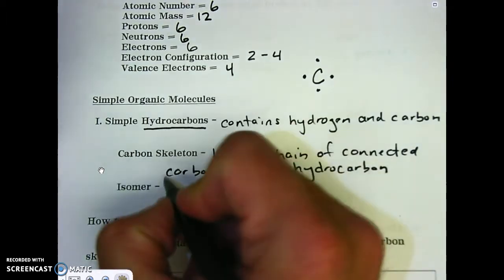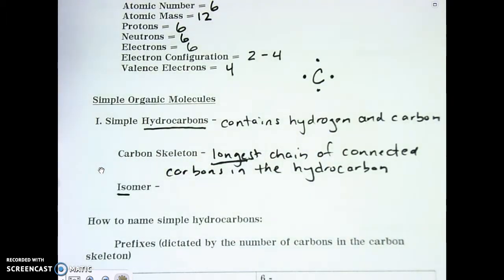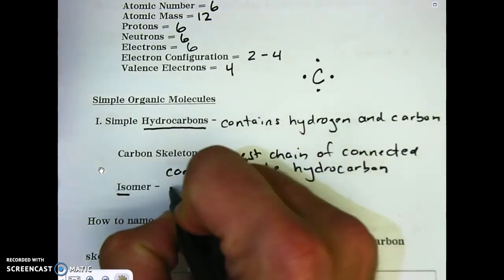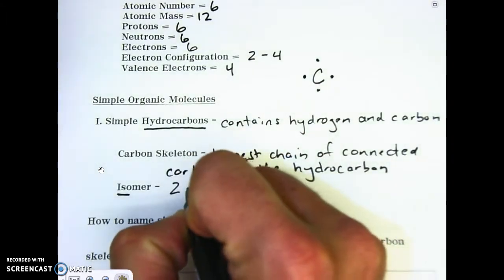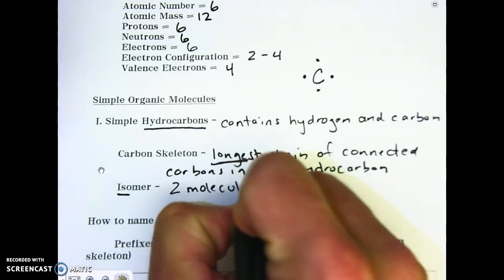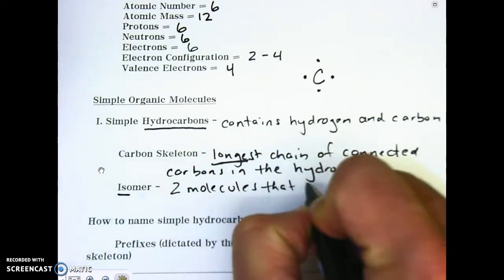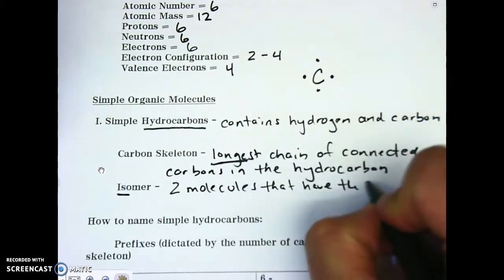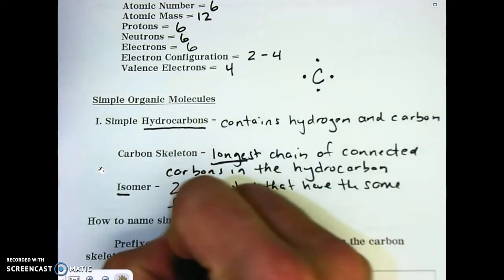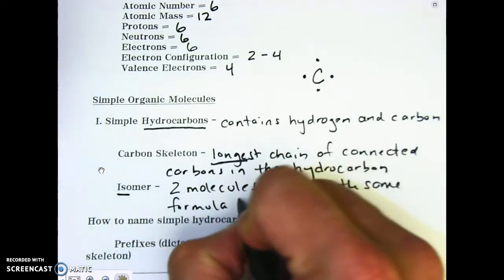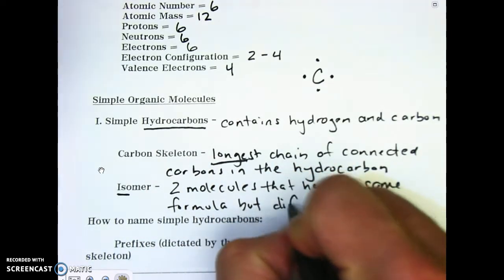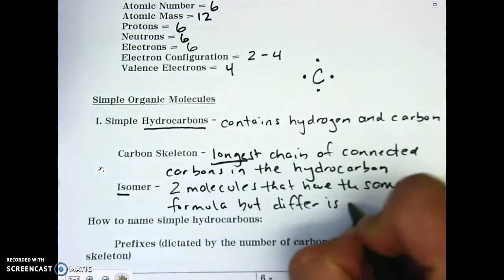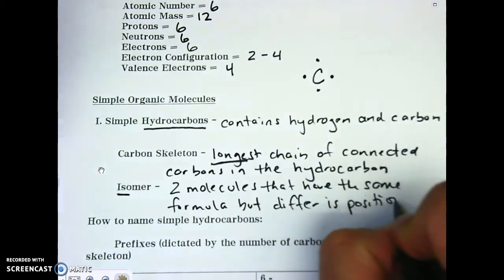An isomer, you see that prefix iso? We just ended a chapter where we talked about isotope. It's going to have a very similar definition. An isomer is 2 molecules that have the same formula but differ in position.